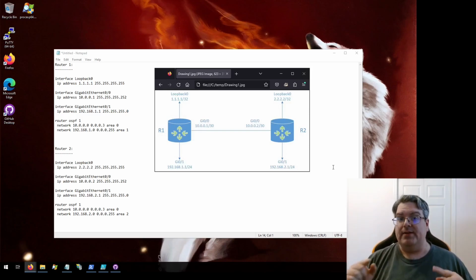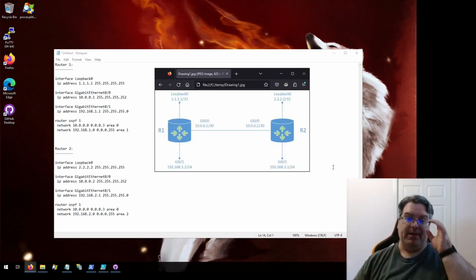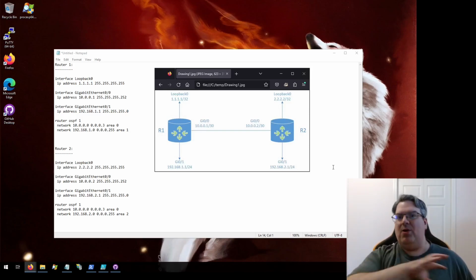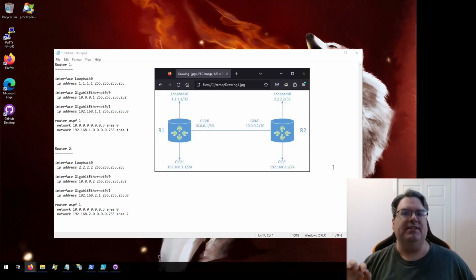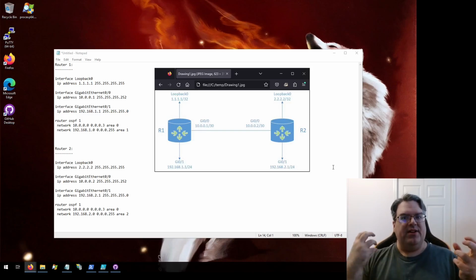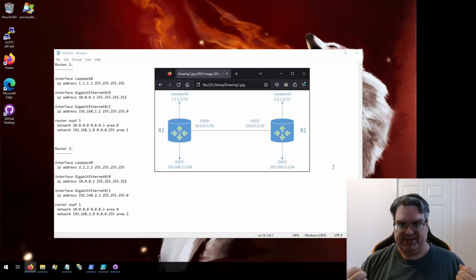Within an area, it must be unique. But when it crosses an area boundary, all of those routes are summarized into the new area. And so you do not technically need to have a unique router ID if they're in different areas.